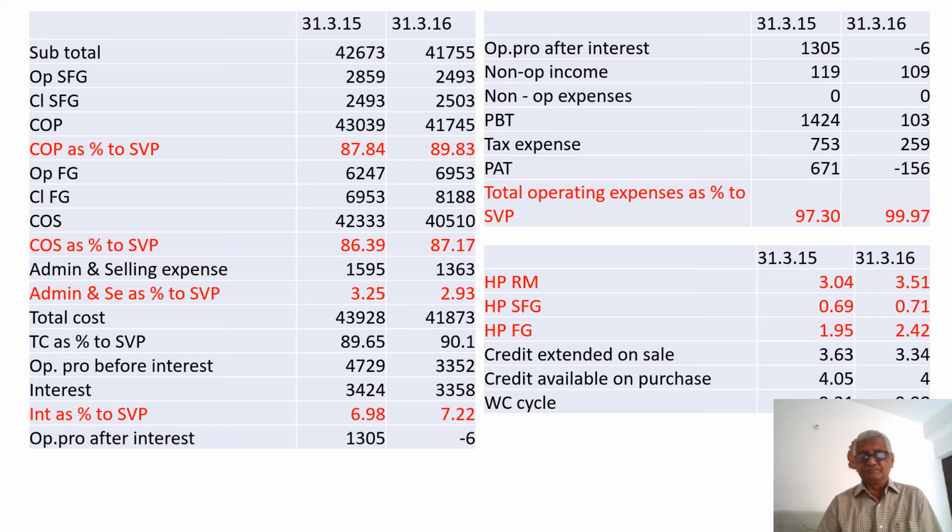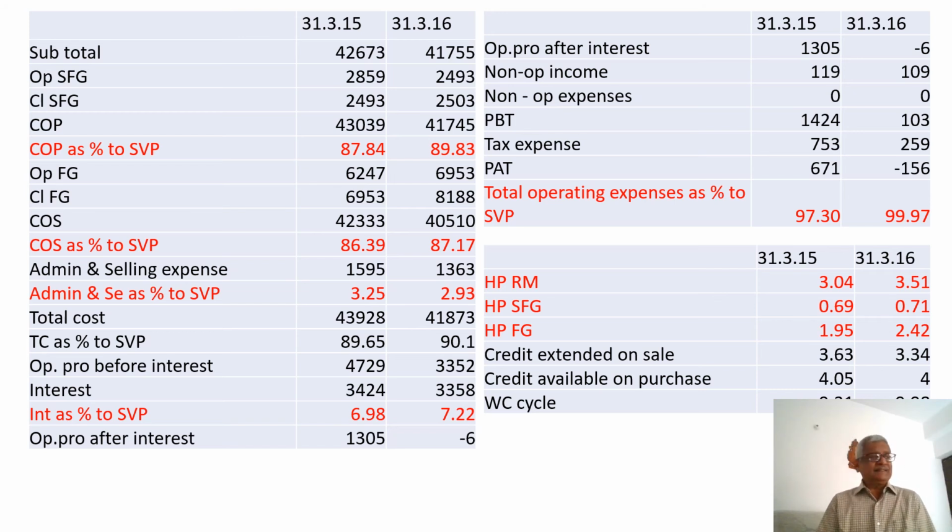Now look at here. With the help of the P&L, we can find out three things. One is, on an average, how many months of raw material the company keeps. On an average, how many months of semi-finished goods are lying in the factory.